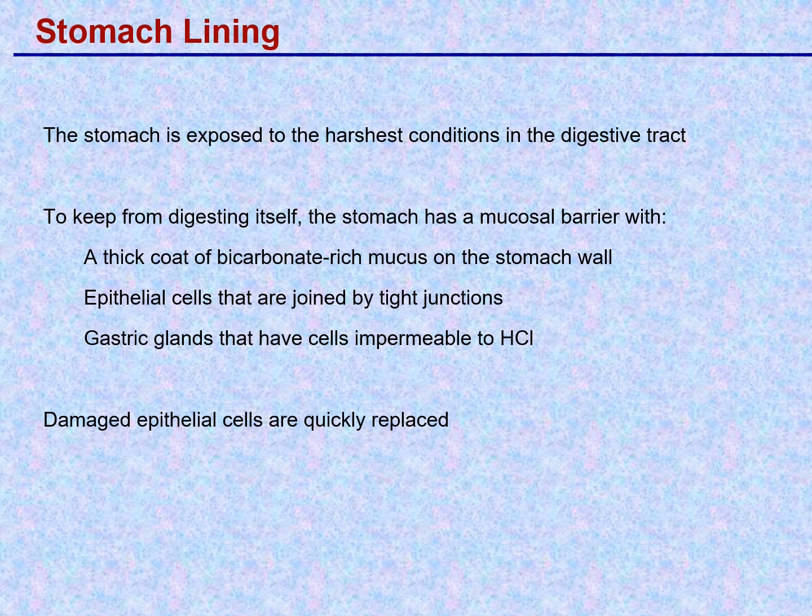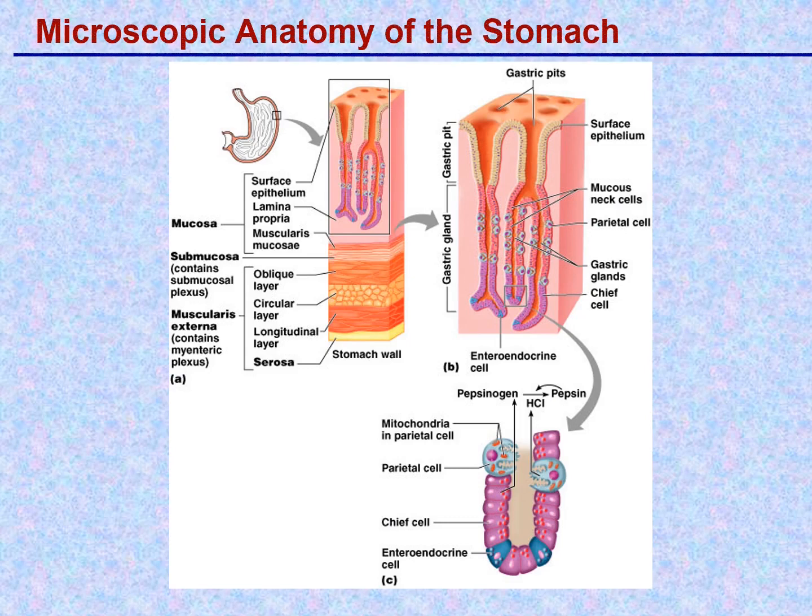The glands have cells that are impermeable to the hydrochloric acid, and any epithelial cells that are damaged will be quickly replaced at the surface and down into the duct. They quickly get replaced.